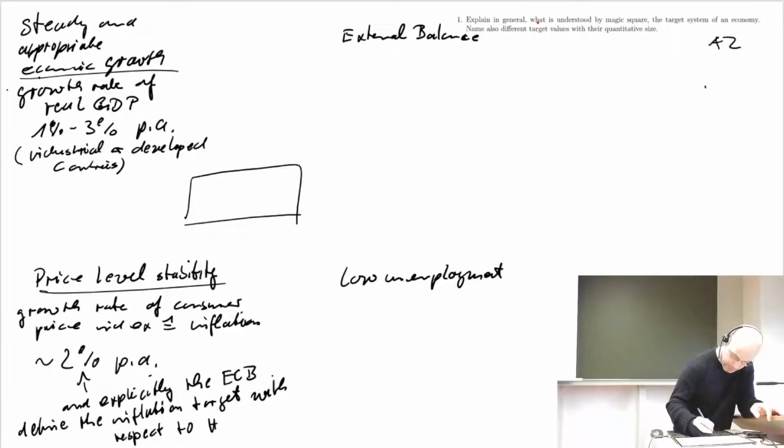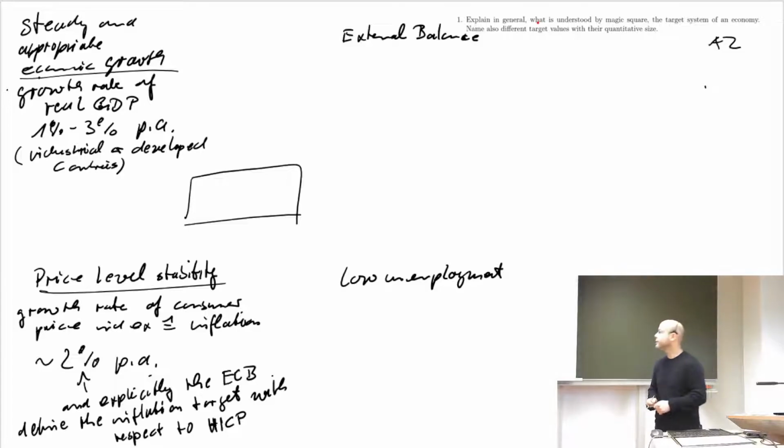I think I always get it wrong, whether it's HICP or HCPI. It's the Harmonized Index of Consumer Prices. I think it is this way. No, it should be this one, HICP. Yep. Okay.